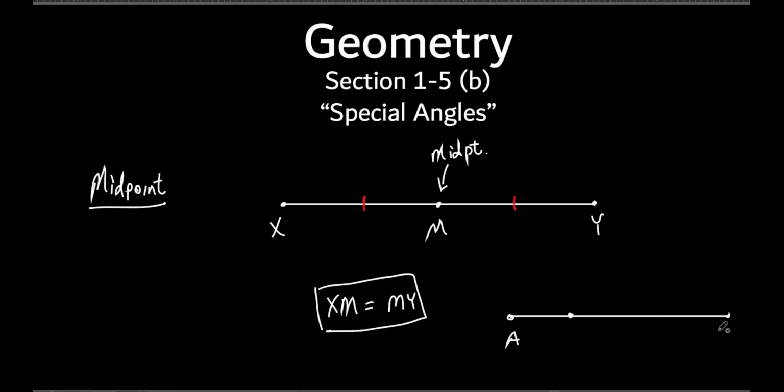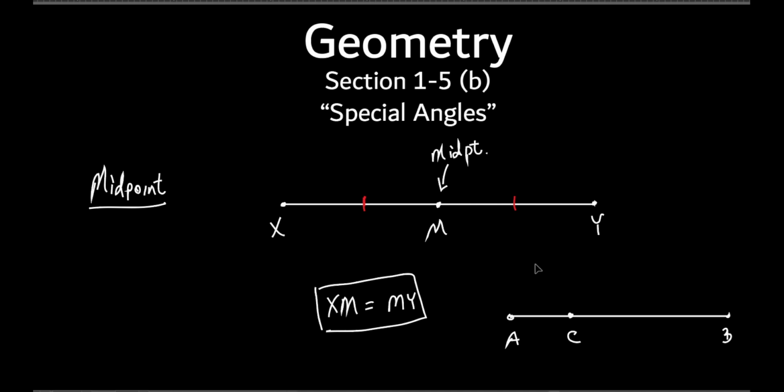I call this A, B, and C. Just looking at that, can you say that that's the midpoint? No. Because it doesn't divide those two segments into two equal segments.